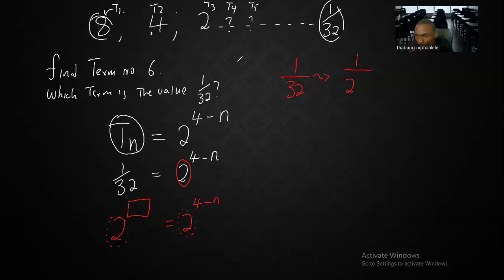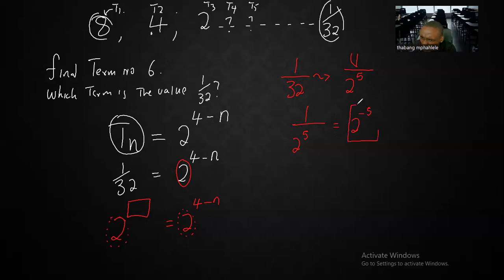So actually 32 is 2 to the exponent 5. Confirm it on a calculator: 2 times 2, 4, times 2, 8, times 2, 16, times 2, 32. So 1 over 32 is the same as 1 over 2 to the exponent 5, which is the same as 2 to the exponent negative 5.